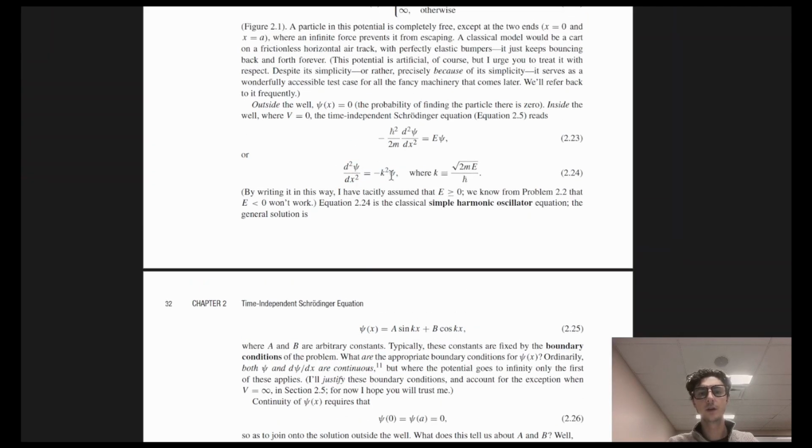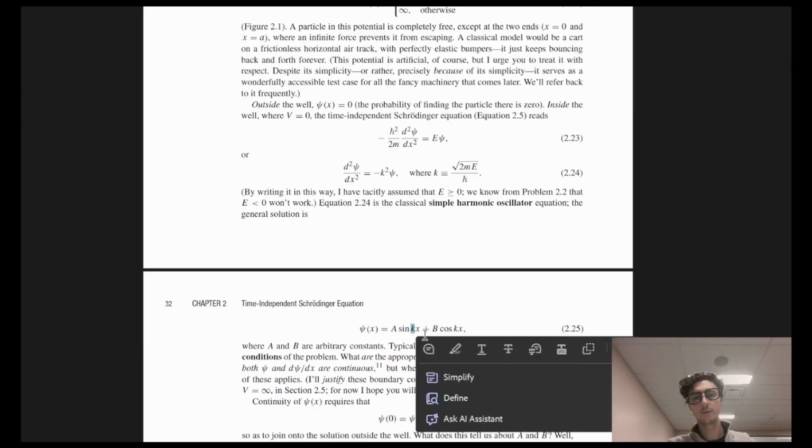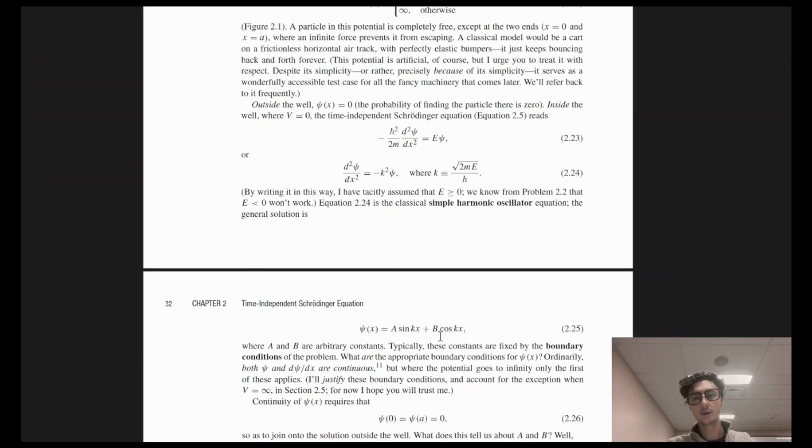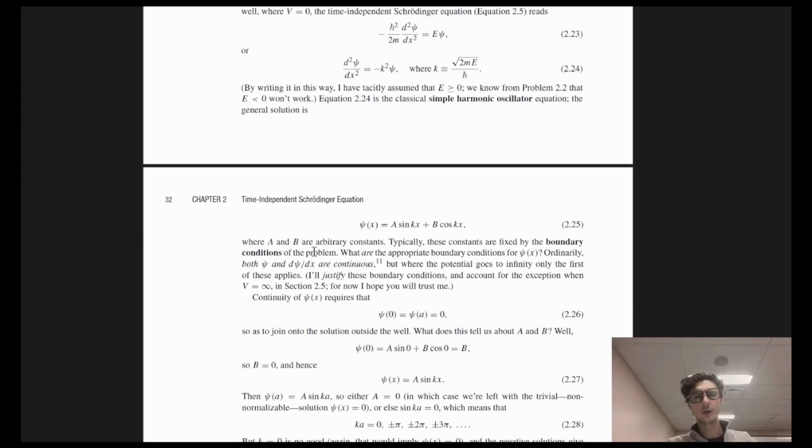The way I think about this is, what function equals its second derivative times a negative squared constant? If you differentiate cosine or sine twice, you get back the original function, and you spit out a constant that comes from the argument of the sine or cosine. So a and b are arbitrary constants. Typically, these constants are fixed by the boundary conditions of the problem.